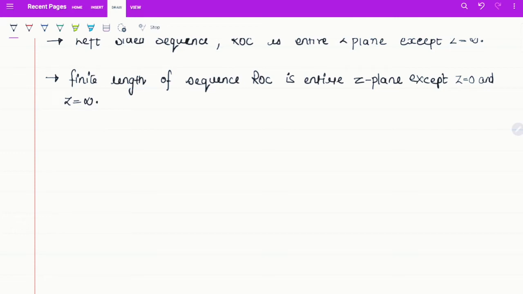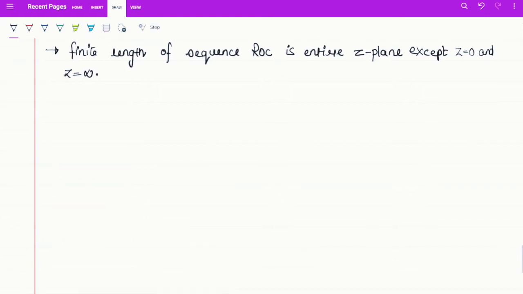For a right sided signal, the ROC is outside the circle whose radius is the largest pole in magnitude. Suppose you have a right sided signal with one pole at radius 1 by 3 and another at radius 2 by 3. Which ROC are we going to consider?